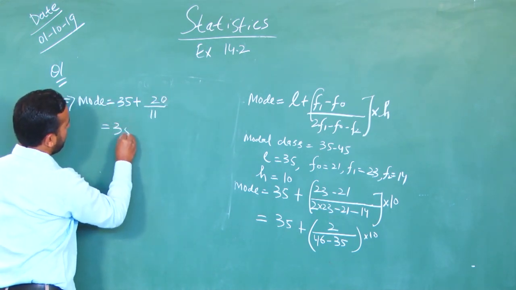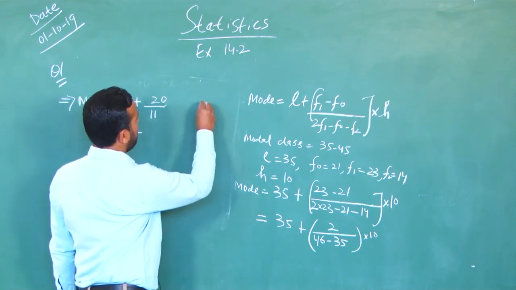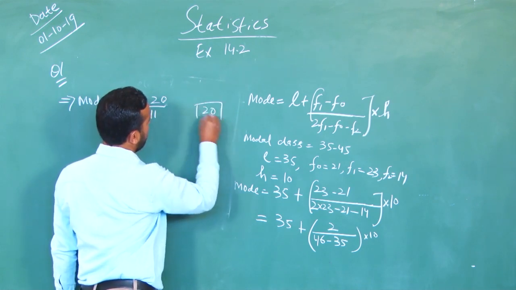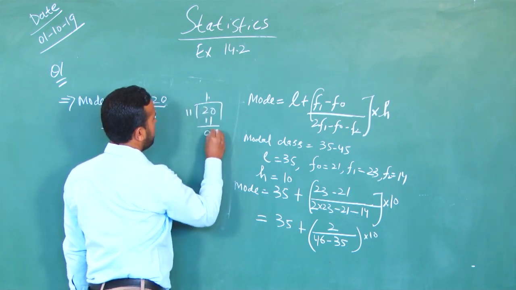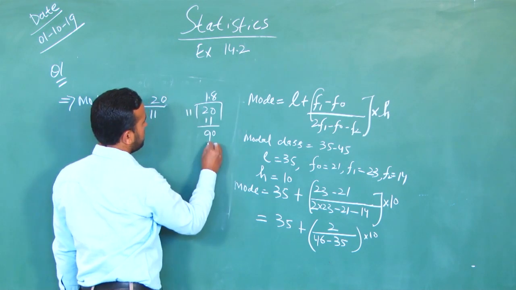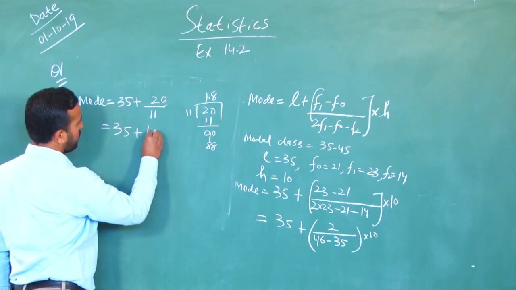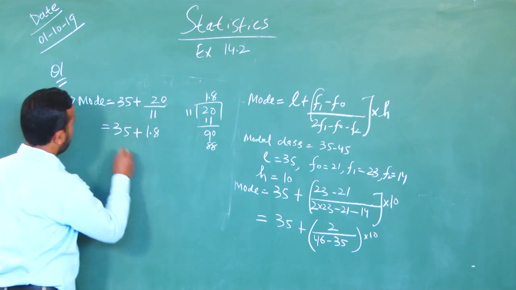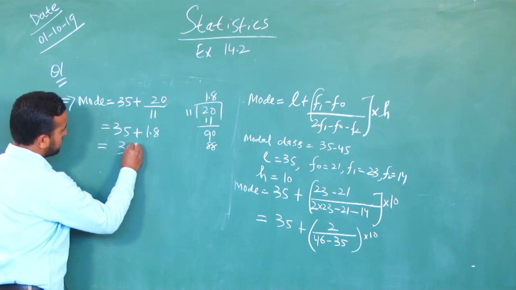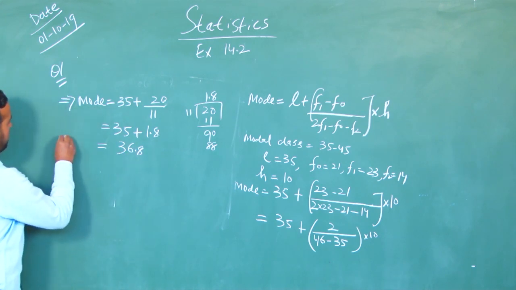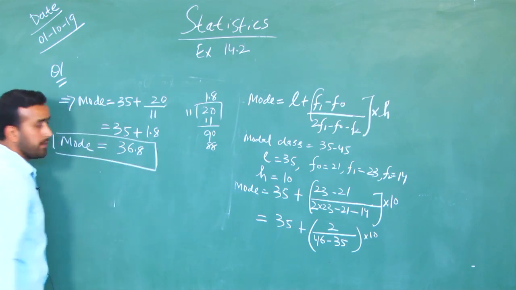That is equal to 35 plus, we can do a little rough calculation here. 20 divided by 11 is 1.818, and let us round it off to one place of decimal, 1.8. So after adding 35 with 1.8, that can be taken as 36.8. That is the mode of the data which we have calculated here.